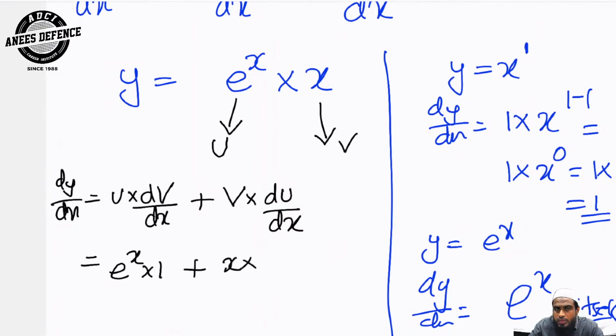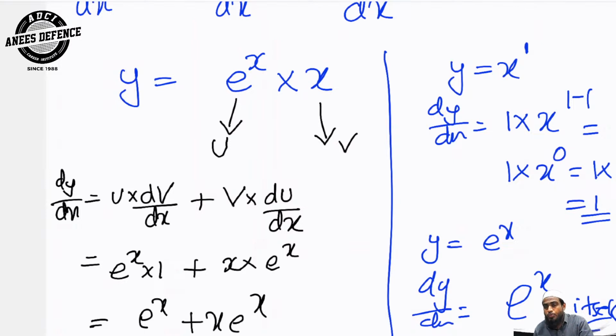What is du by dx? The derivative of e raised to x is e raised to x itself. So the answer is e raised to x plus x e raised to x. Understood? That is the multiplication principle, or you can say the product rule in differentiation.